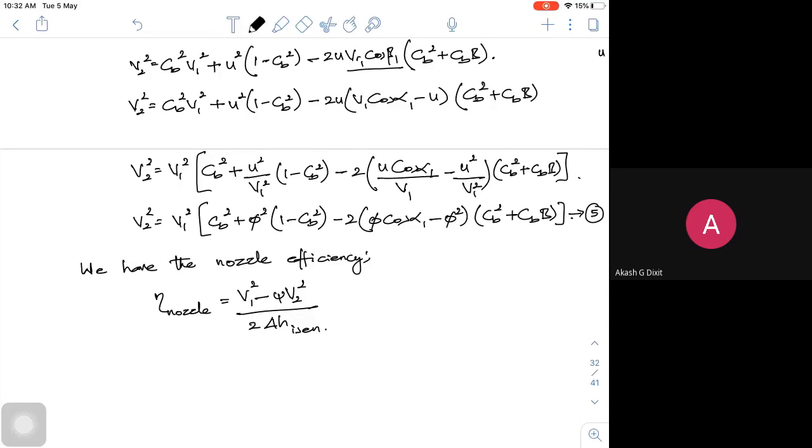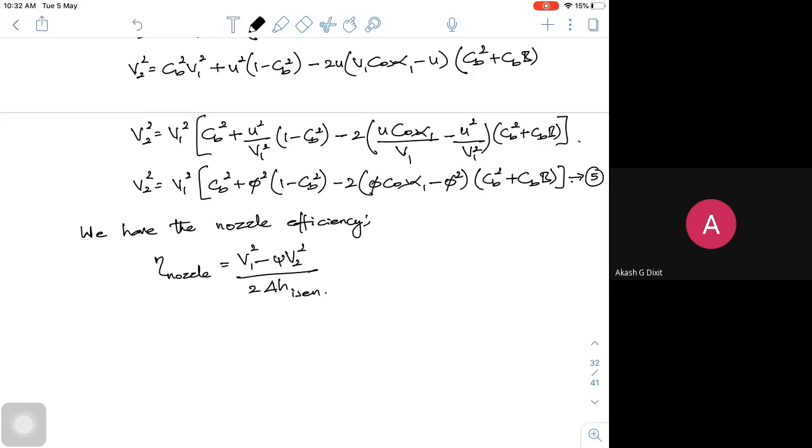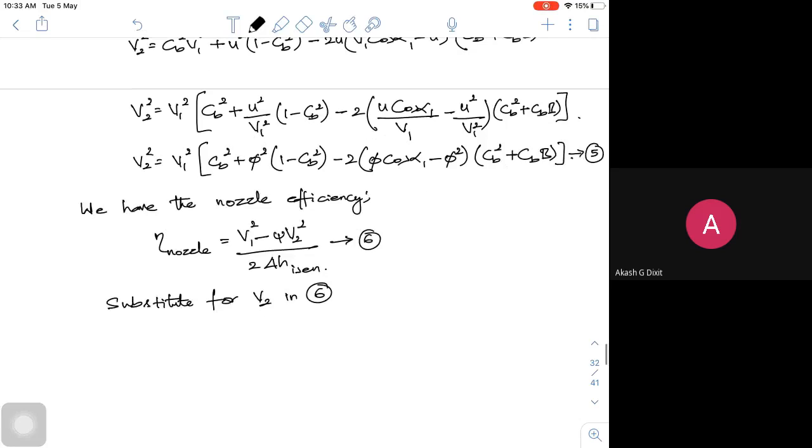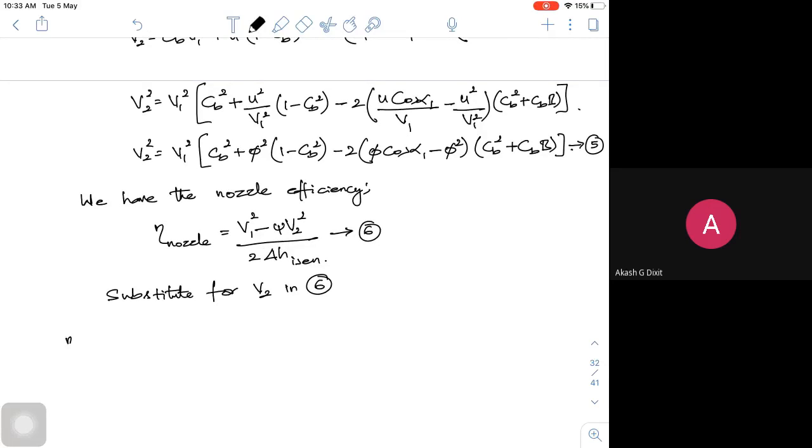So if I call this equation 6, and substitute for V2 in equation 6, what will happen? Your nozzle efficiency, I can write it as V1 square minus psi into the whole expression, that is V2 square.